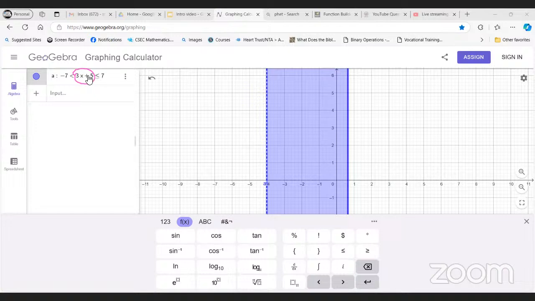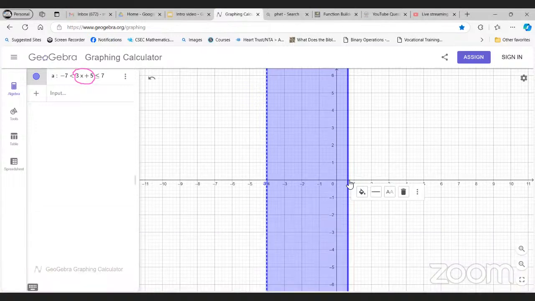Now the values to make this function true lie between -4 and a value here, 2/3. Now if you notice this line here, let's say we could bring up the table.